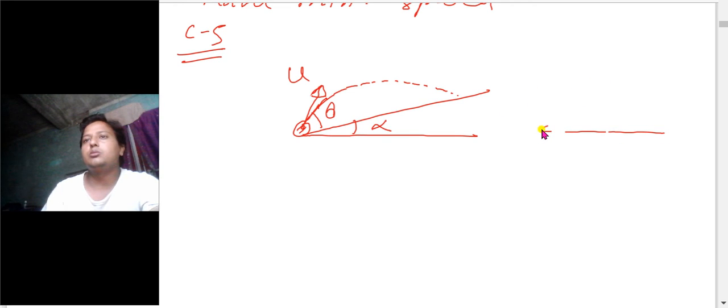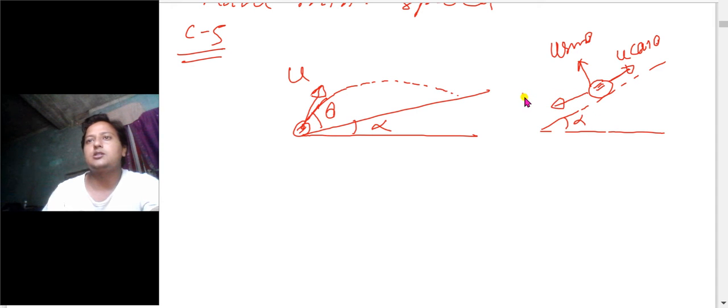If we take components of the body's speed and acceleration, the components are u cos theta, u sin theta, this angle is alpha, and the acceleration components are g sin alpha and g cos alpha.